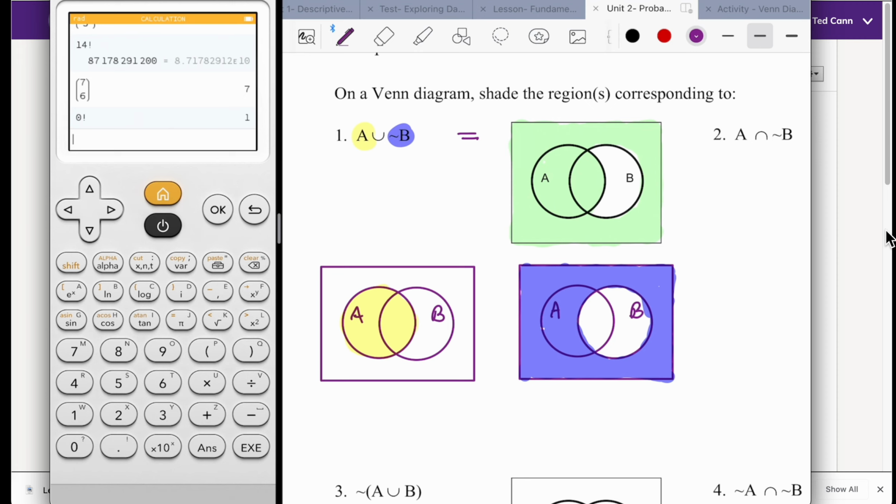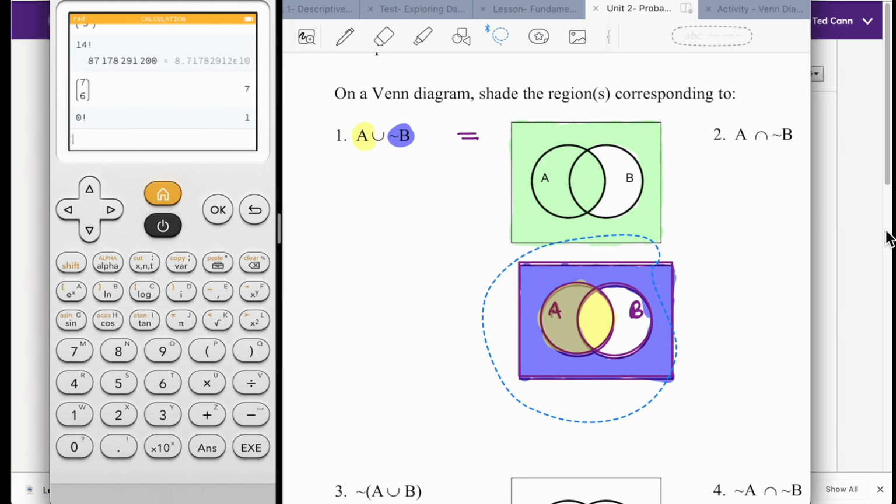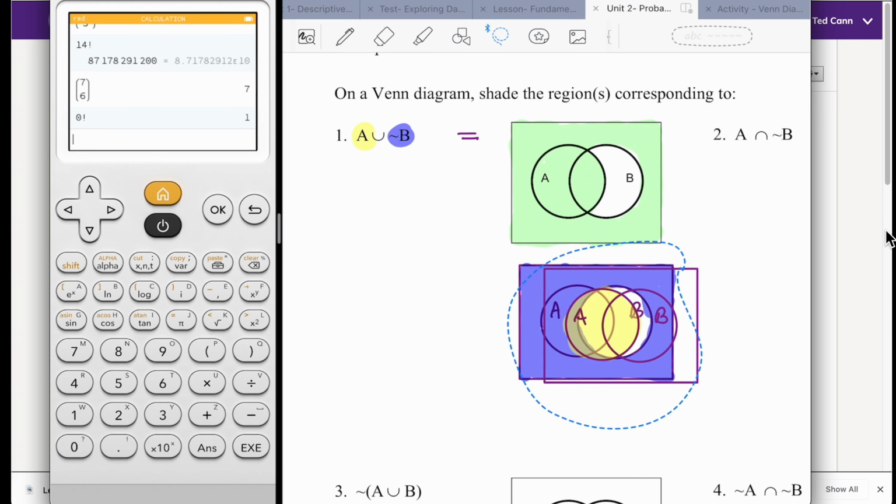So if it were like the A and the upside down U and then the not B, would it be whatever's double shaded? Exactamundo. Yeah, so that would be, oh, that's not my lasso. Double shaded would be that little crescent moon in A. And that would be it.